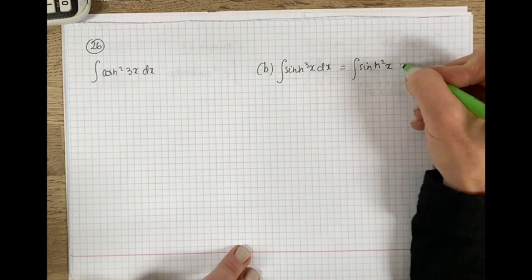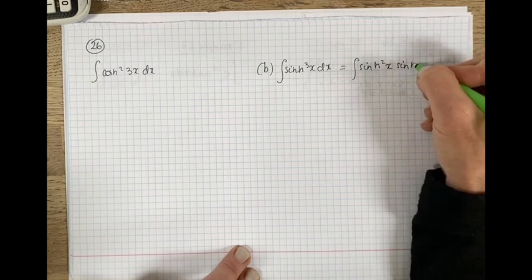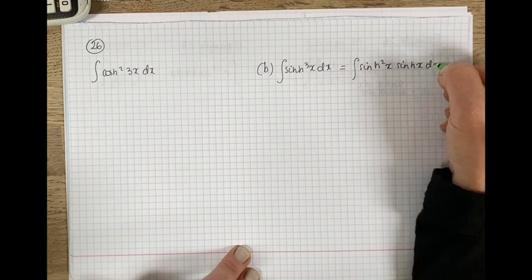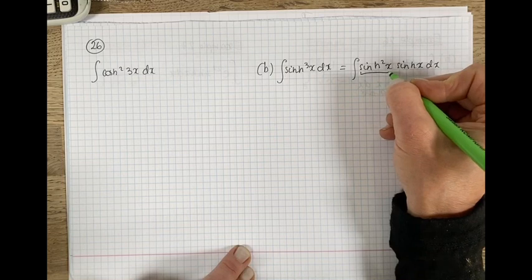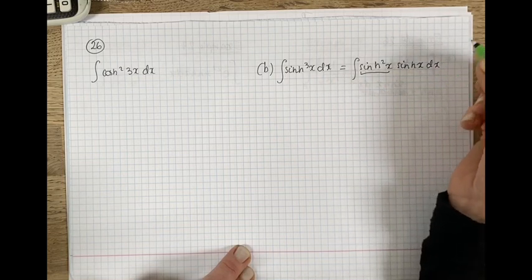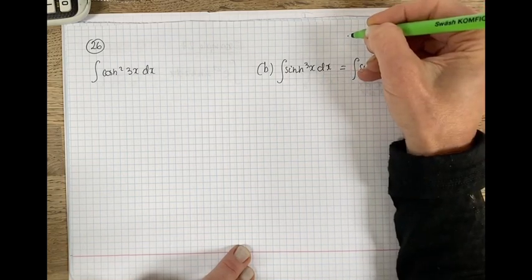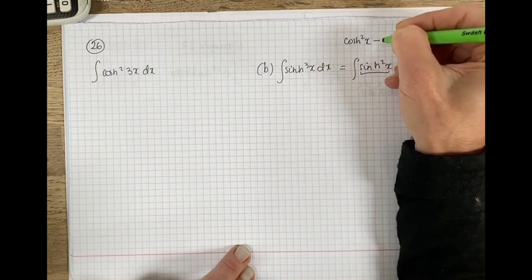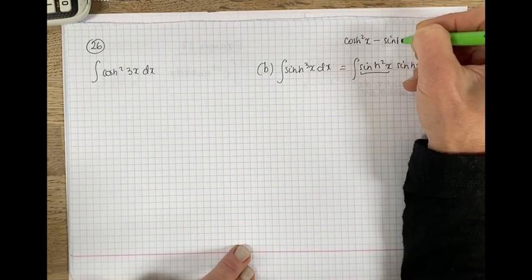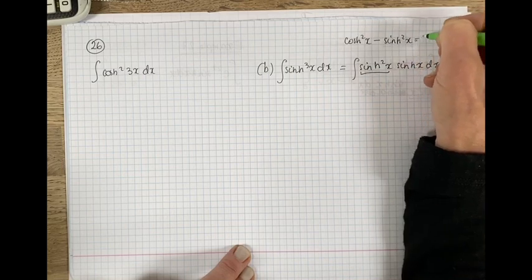So you split it into the product of two functions, one sinh squared, one sinh x. Now this one here needs to be replaced with cosh squared. So remember, the identity is cosh squared x minus sinh squared x is equal to 1.